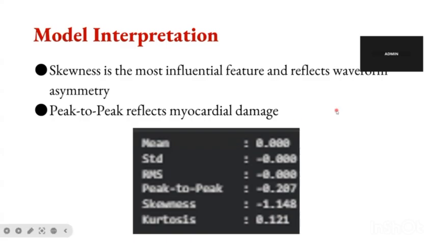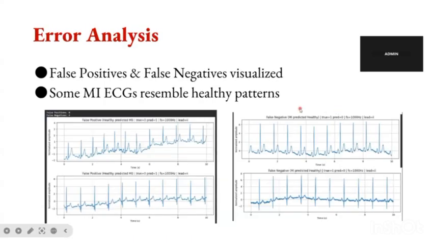In this slide, error analysis, we examined the false positives as well as the false negatives. Some myocardial infarction ECGs appear normal, causing classification errors, and false negatives are even more serious since they represent missed heart attack cases.